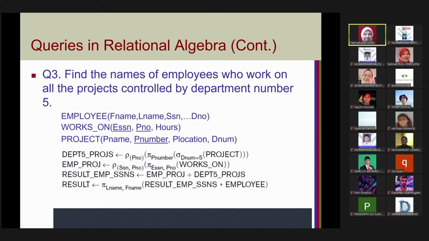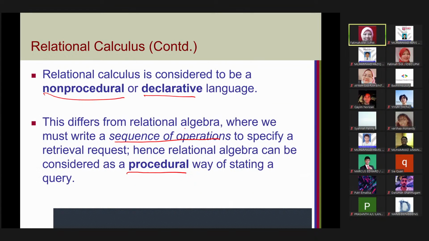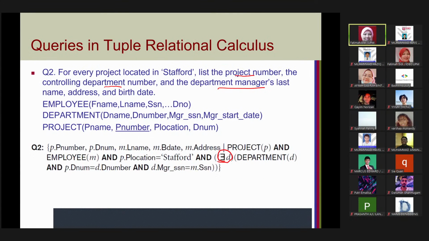This is how it works, joining the tables in order to retrieve the names of employees who work on all the projects controlled by department number 5. So that is question number 3.